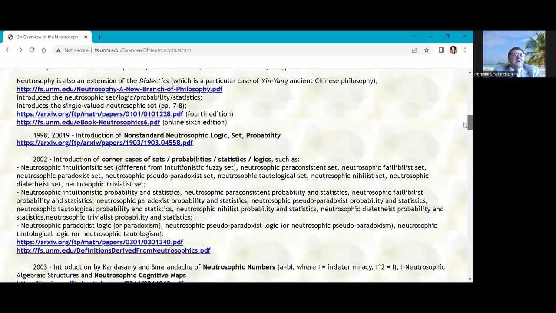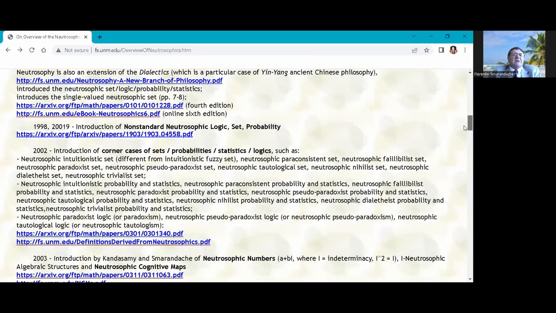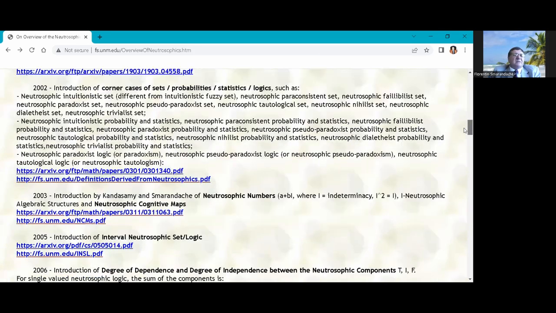single-valued numbers. Using single-valued numbers was much easier to understand, and then interval-valued numbers for the Neutrosophic components T, I, and F made people better understand.